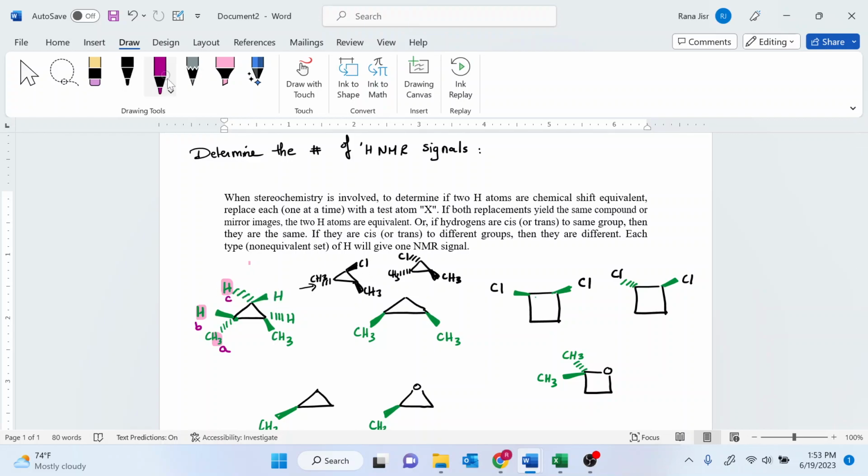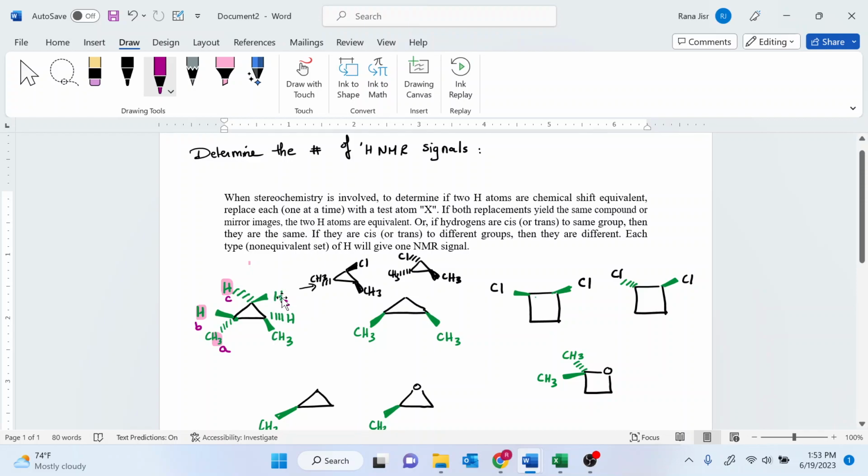So this is going to be hydrogen C and this is hydrogen C. This is one way of doing it: taking the hydrogen that belongs to the same carbon and replacing it with an X atom, and seeing if you lead to the same compound or mirror images. Then these two are mirror images, so this is why we say that these two atoms are equivalent.